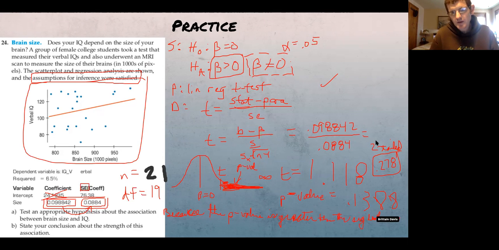We fail to reject the null hypothesis. We could say there is not convincing evidence that brain size and verbal IQ are related or positively related, however you want to say that. All right, and that's basically it.